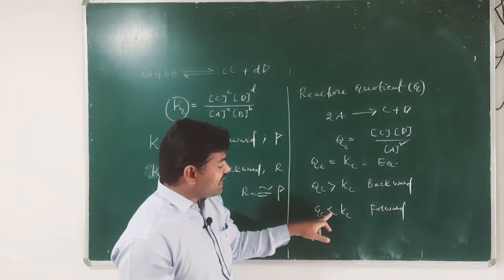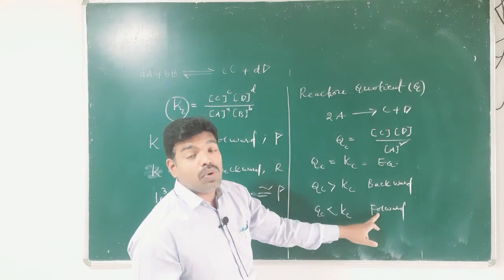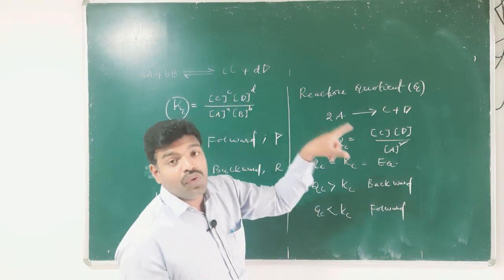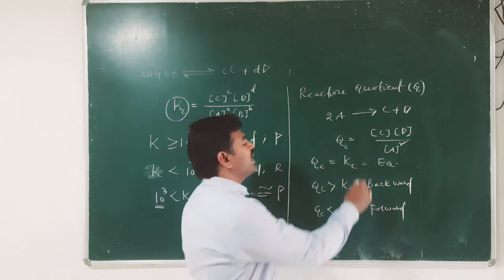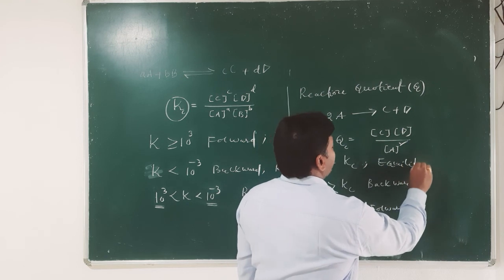If Qc is less than Kc, that indicates forward reaction, that is, products are predominant over reactants. If Qc is equal to Kc, that indicates equilibrium.